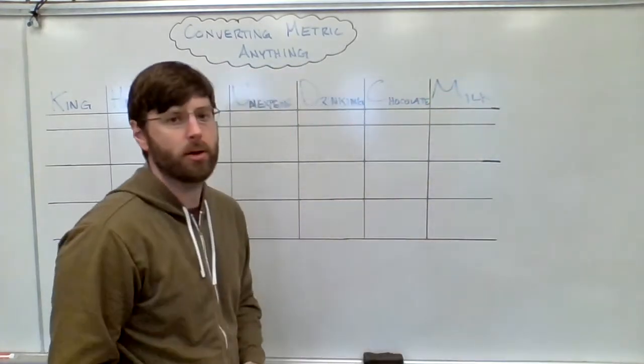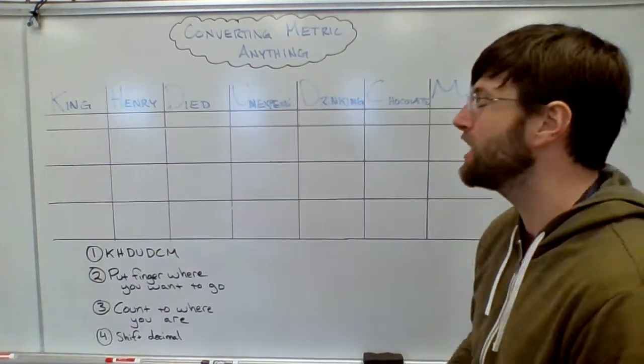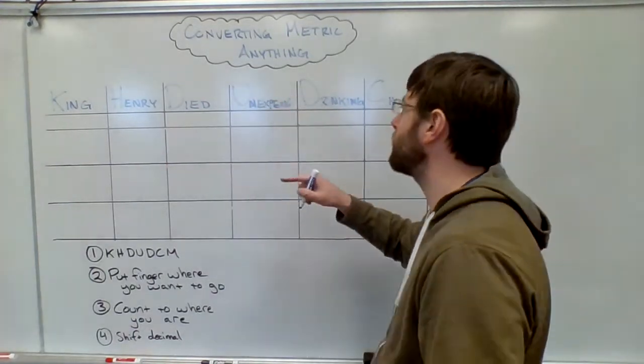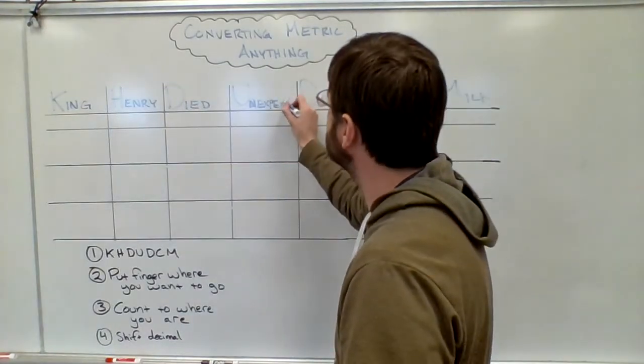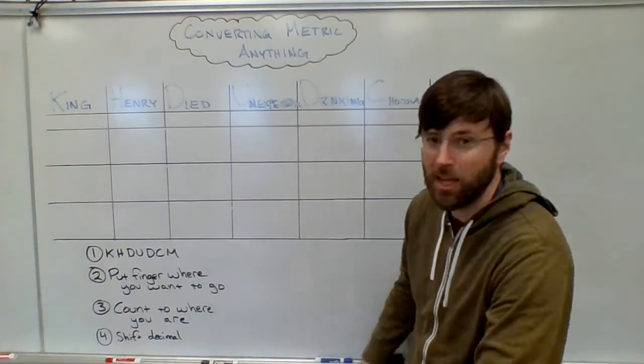If you can remember that silly little story that King Henry died unexpectedly drinking chocolate milk. Now it's perfect. So, King Henry died unexpectedly drinking chocolate milk.